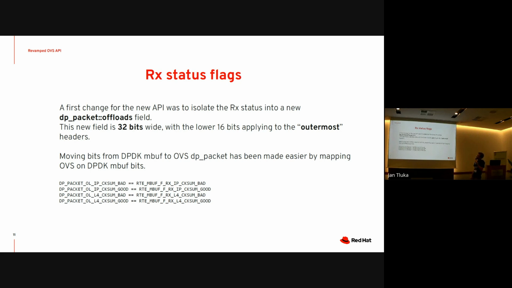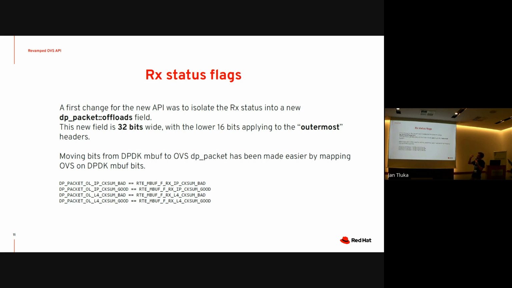So yeah, this field was added with two parts. It's a 32-bit field with the 16 lower bits for the outermost checksum and the higher part for the innermost checksum.